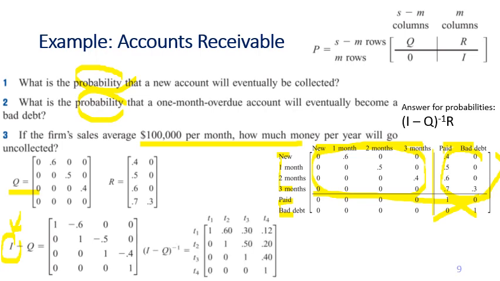And then you take the inverse of I minus Q and do the matrix multiplication with R, and this is your final (I minus Q) inverse times R. I would strongly suggest you refresh your matrix multiplication skill so that you can apply it here to compute the matrices, starting from Q, R, (I minus Q) inverse, up to (I minus Q) inverse times R.